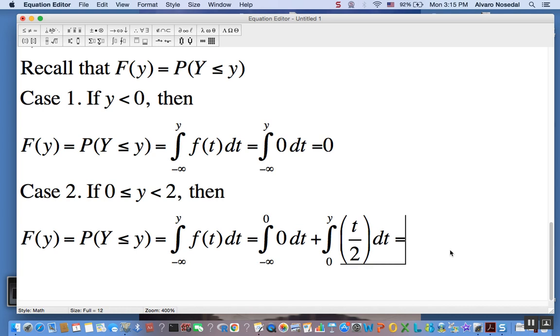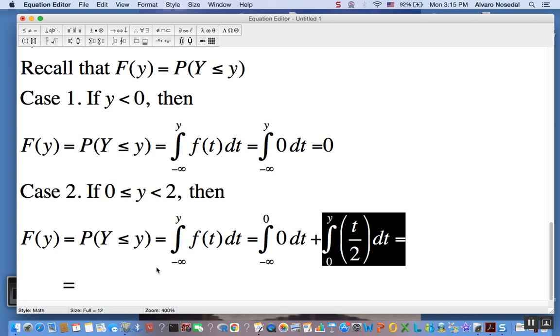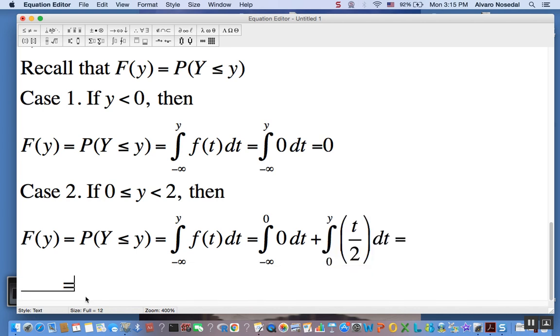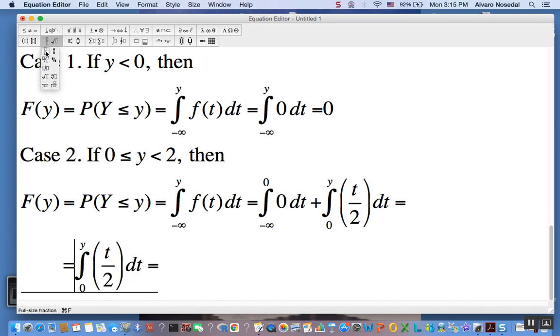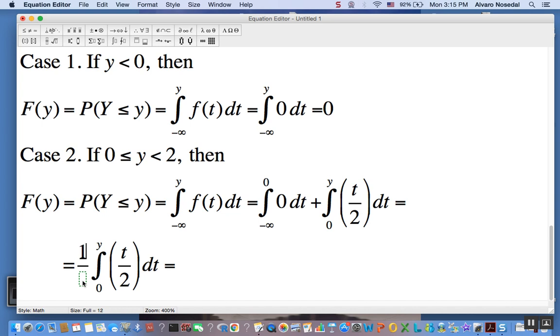Let me go to the next line. So this one is 0, not a problem. Then this is 1/2. I could factor it out, so that's what I'm going to be doing. This guy is just t.